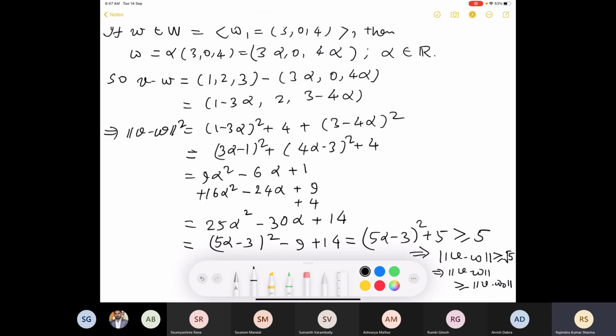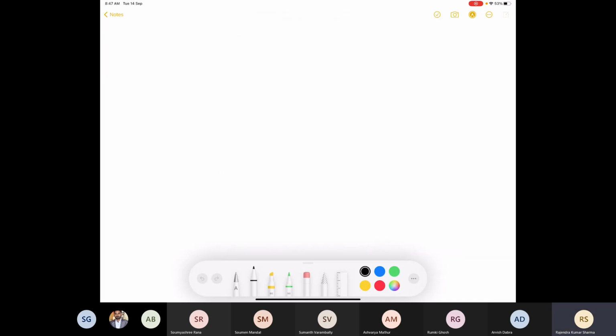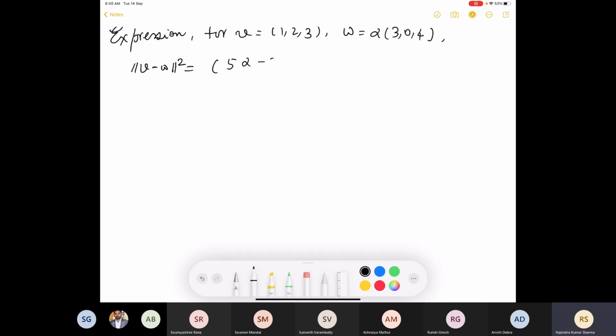The corresponding expression for V as (1, 2, 3) and W as alpha (3, 0, 4): the norm of V minus W square was (5 alpha minus 3) square plus 5.